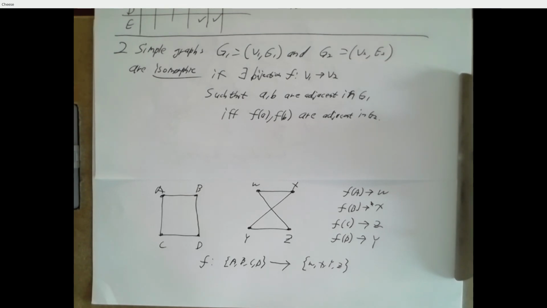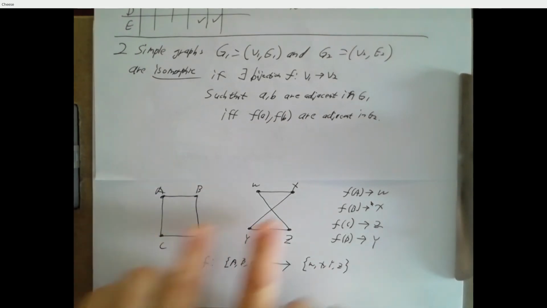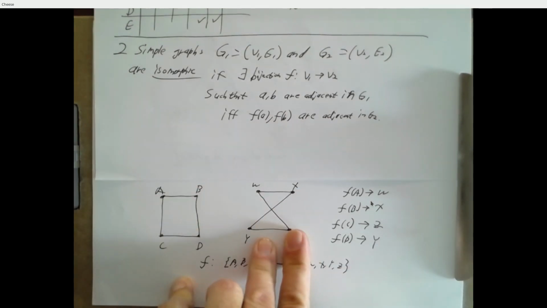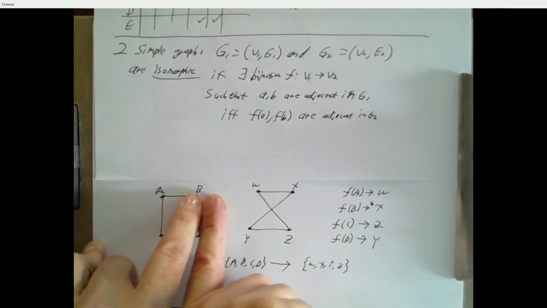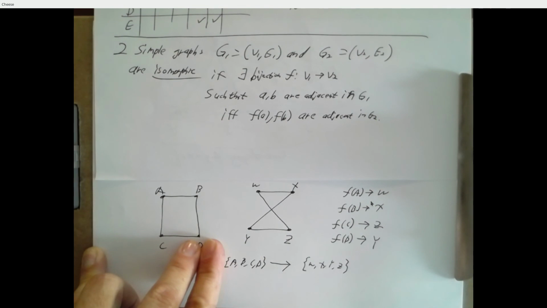So there are some things we can use to quickly say they're not the same graph, but proving that two graphs are the same is very complex. Why? Because how many possible mappings are there from vertices here to vertices here? It's a huge number. Basically, this can go to n, this can go to n minus 1, this can go to n minus 2, so it's n factorial possible mappings.